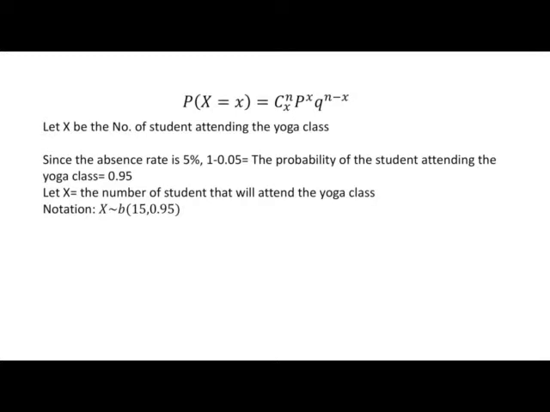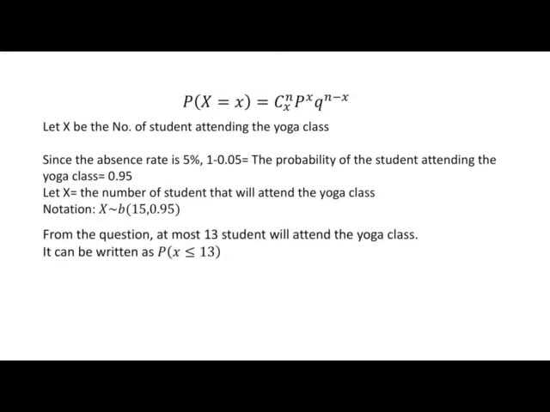So we let x be the number of students that will attend the yoga class. From the question, at most 13 students will attend the yoga class. So it can be written as x is smaller or equal to 13. But since it will be too many terms to write, we can use the complementary rule, which will be 1 minus x is larger or equal to 14.